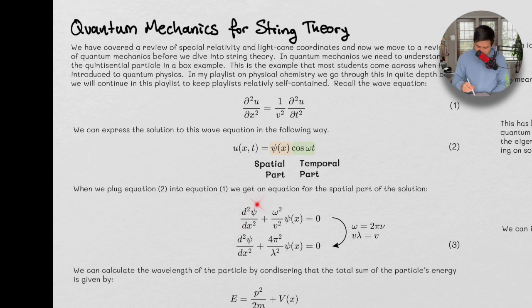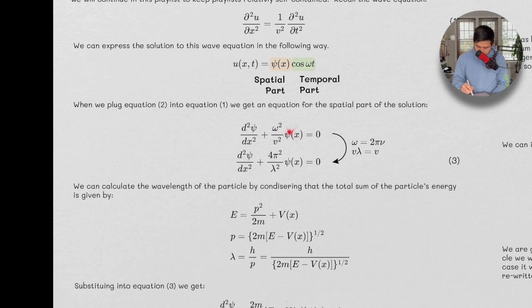Really, we just put u into here. Spatial derivative, we get this. Temporal derivative, we get two of these, and so we get this here, and then from here to here, we redefine some variables. Omega is 2 pi times the frequency, and so we get this right here.